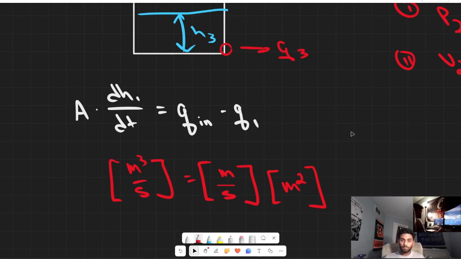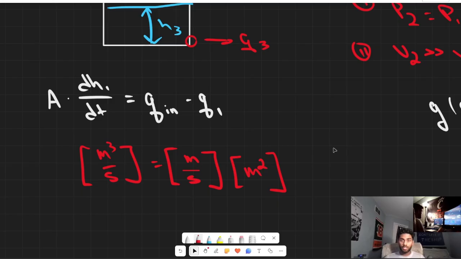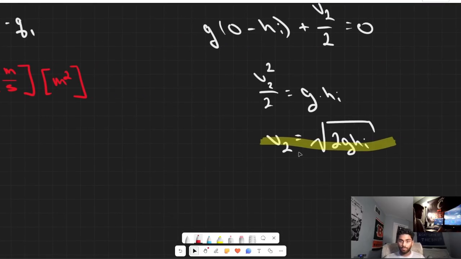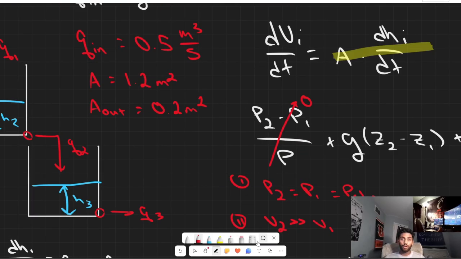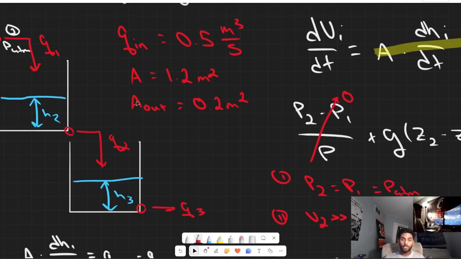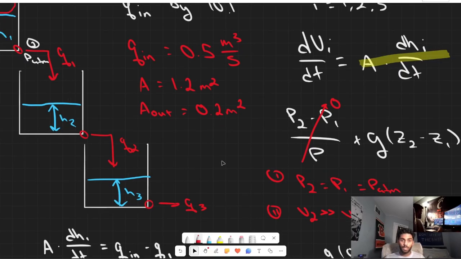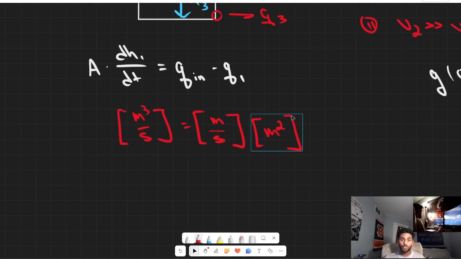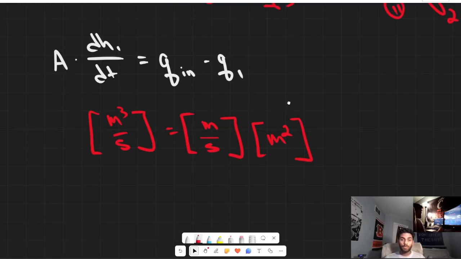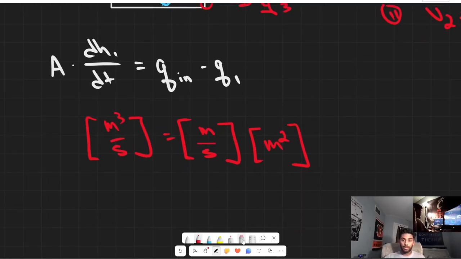Well, if we look at the velocity at the outlet, we have defined that using Bernoulli's equation. And if we want to look at an area, we've defined what the area of the outlets are. It's 0.2 meters squared. So we have these two knowns for which we can substitute for our volumetric flow rates.